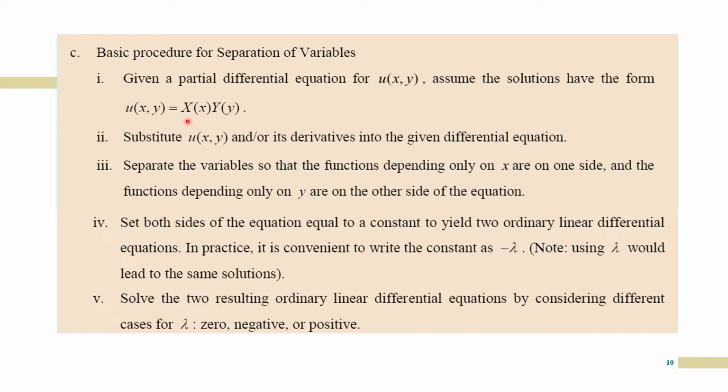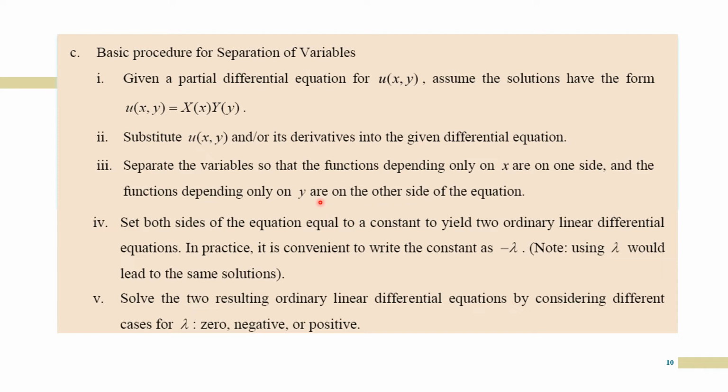In other words, u is equal to X times Y. Then substitute u(x,y) and its derivatives into the given differential equation. Once this is done, start separating the variables so that the functions depending only on x are on one side and the functions depending only on y are on the other side of the equation.